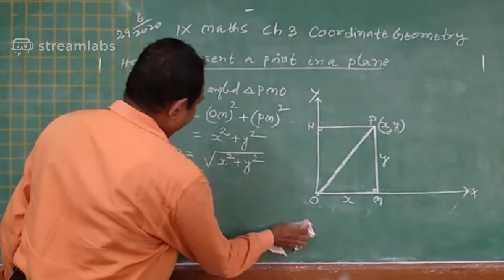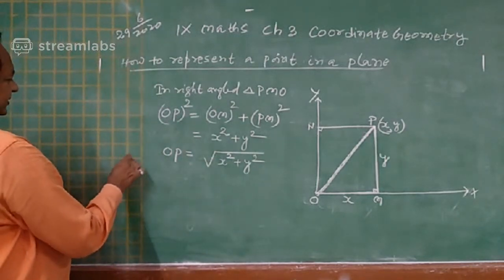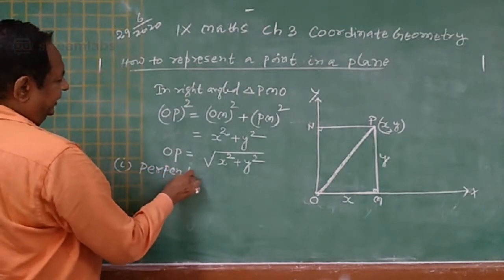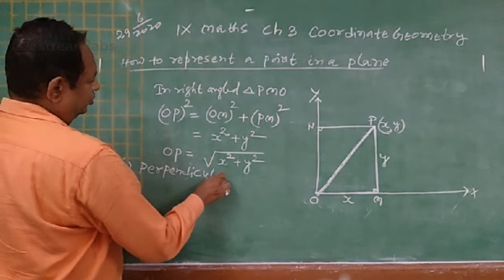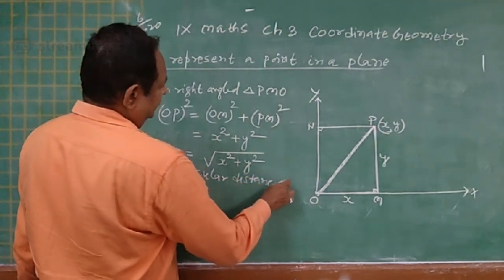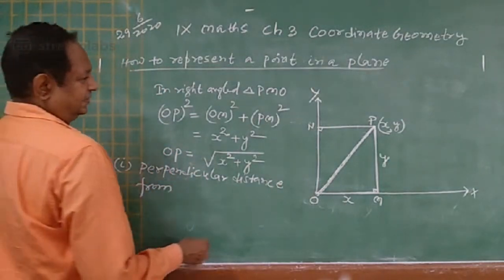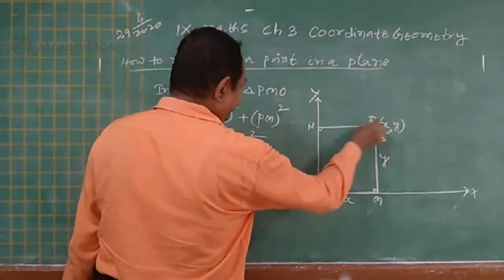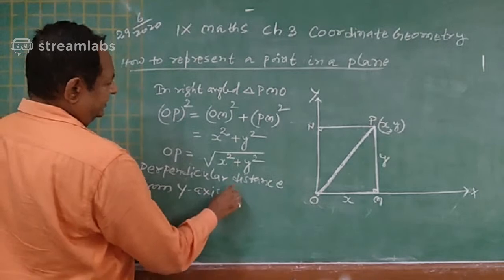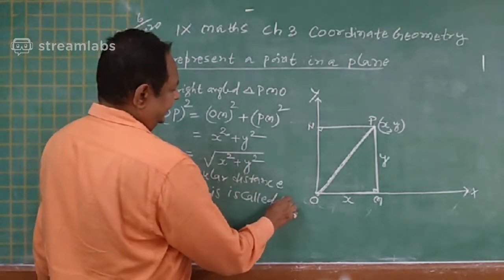Point 1: the perpendicular distance from the y-axis is called the x coordinate.